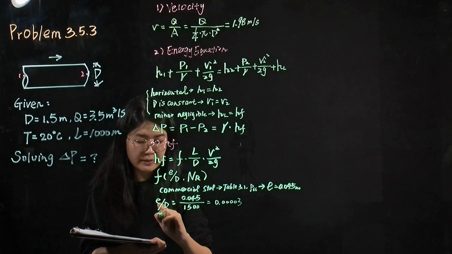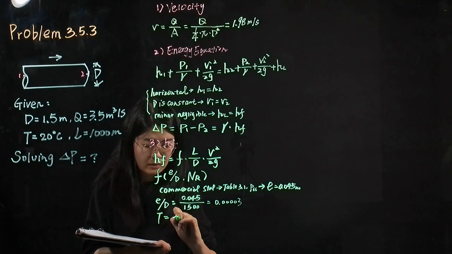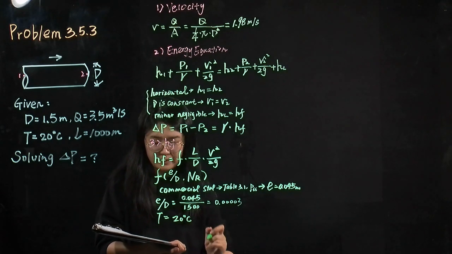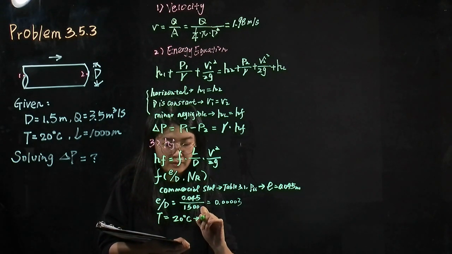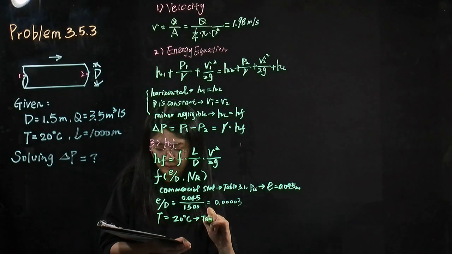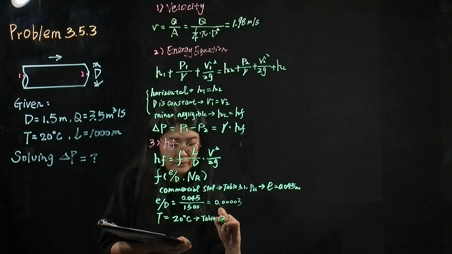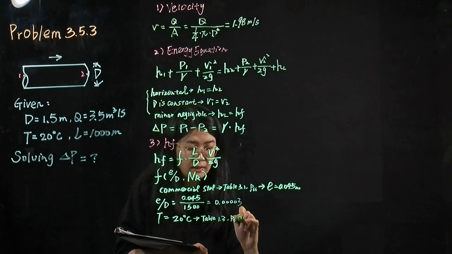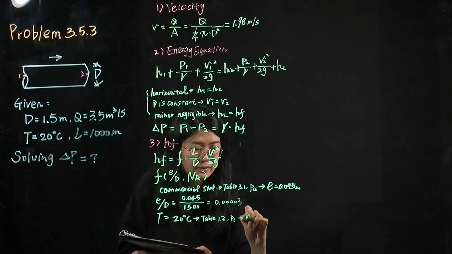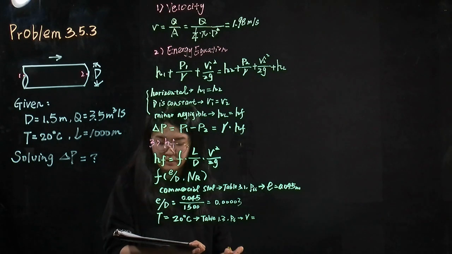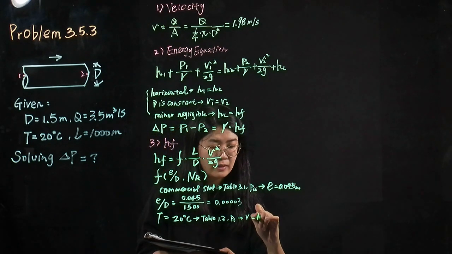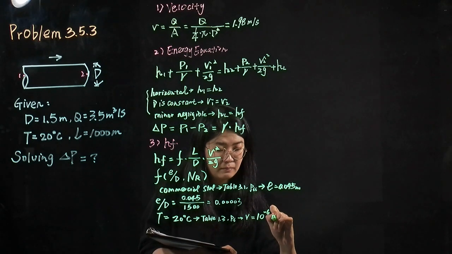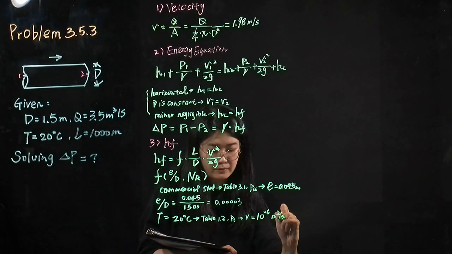We know the water temperature is 20 degrees Celsius. So table 1.3 on page 6 gives us the kinematic viscosity equal to 10 to the power of minus 6 square meter per second.